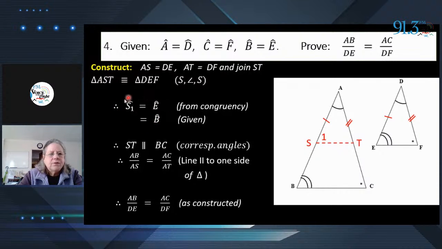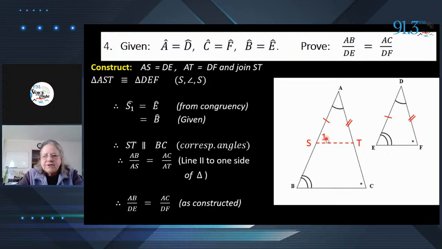So we can't straight away say that S1 is equal to B. There's a step in between. So just to repeat here, S1 is equal to E from congruency, and E is also equal to B.